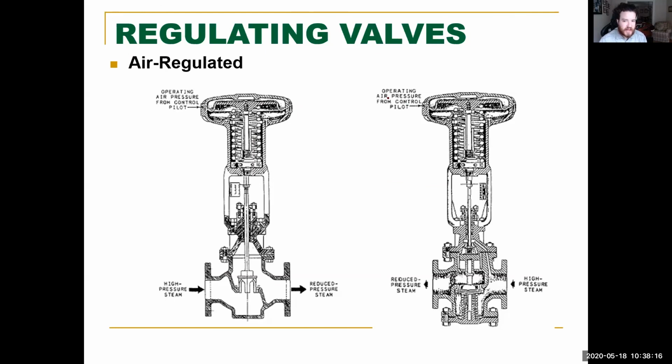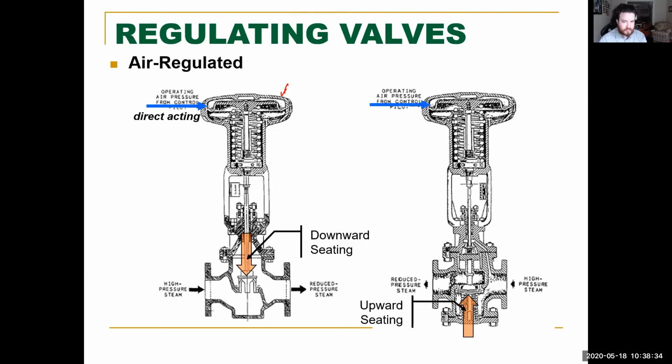Instead of having fuel oil sitting on the top part of these valves, we have just air pressure. This is a downward seating valve, and that's an upward seating valve. So a direct acting would be coming up on top, and indirect acting is coming from below.